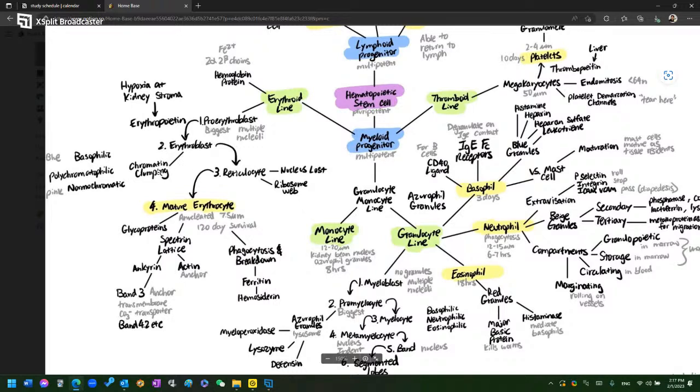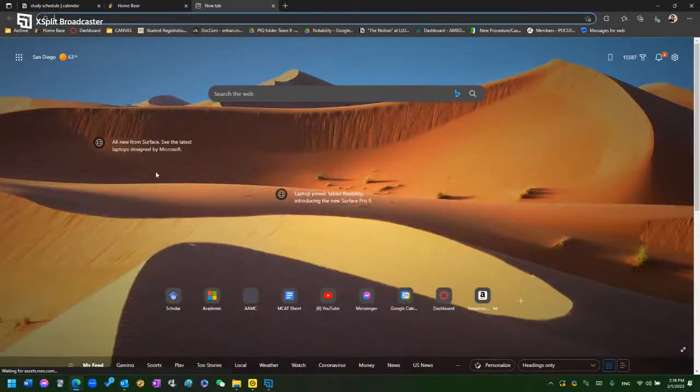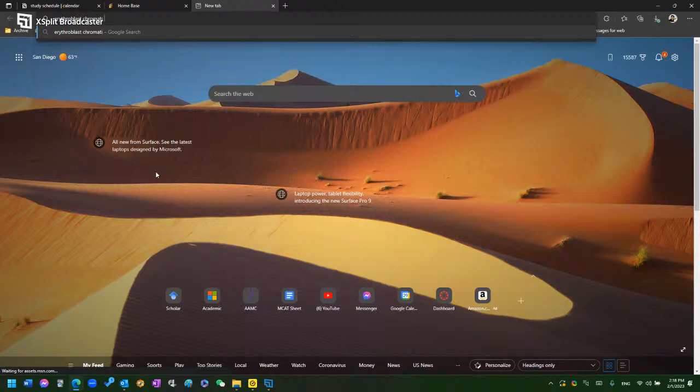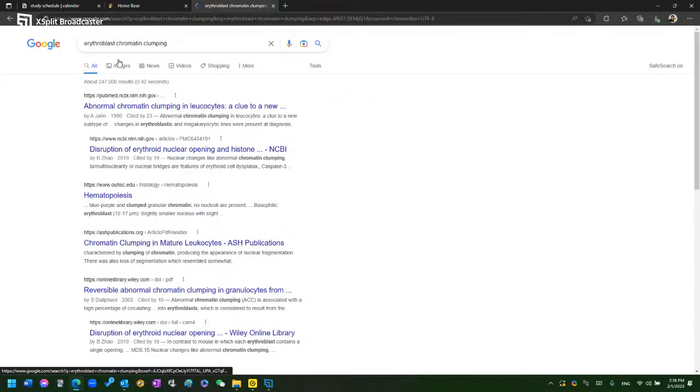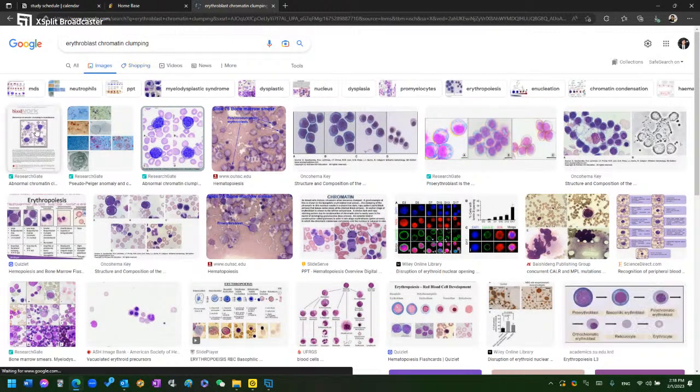Notable appearance features of the erythroblast. You have chromatin clumping. What does that look like? Don't know if I can get a photo. I could also pull up the slides for some of these.